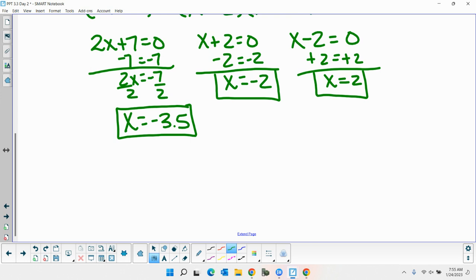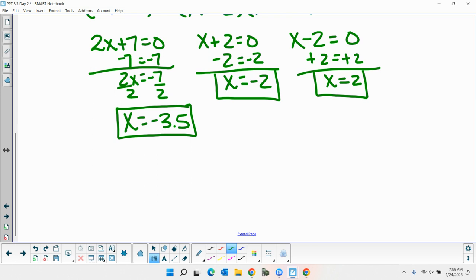Number 2, negative 4 works 3 times, and positive 1 works 2 times. Number 3, 0 works twice. Negative 5/3 works twice. Number 5, 2 works once. And negative 2 works once, so you don't really have to put any multiplicity there.